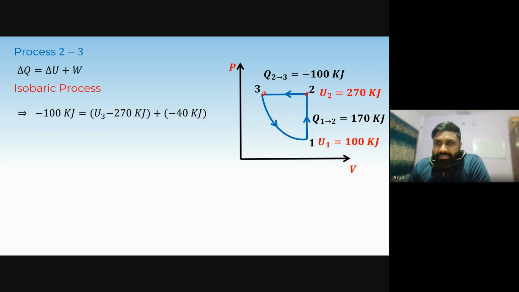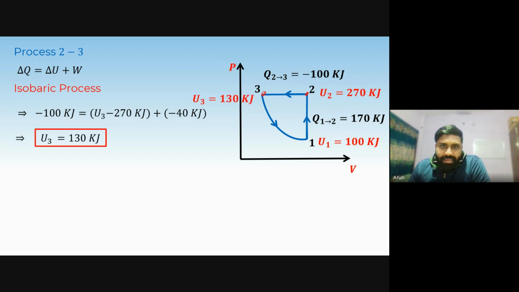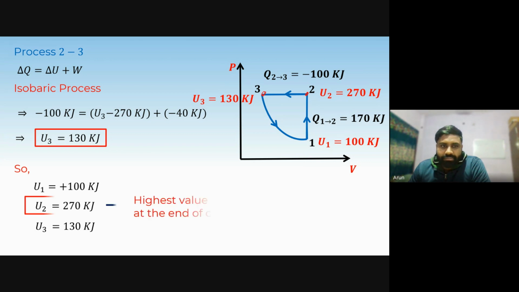So U3 we will have as 130 kilojoule. Now for 3 to 1, you can easily calculate it because internal energy is a state function. So U3 is 130 kilojoule. So these are the internal energies during these processes.